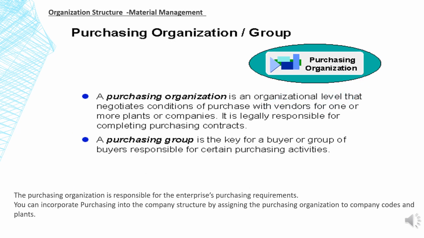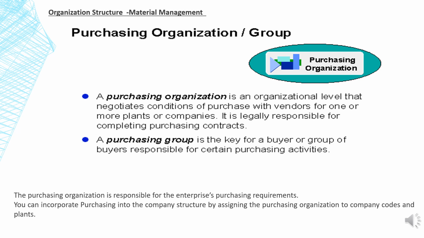Now coming to the purchasing group and purchasing organization. The purchasing organization is an organization unit that negotiates the conditions of purchase with the vendor for one or more plants and companies. It is legally responsible for completing the purchasing contract. In many cases we have a purchasing department, right?